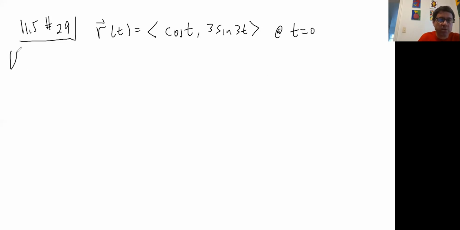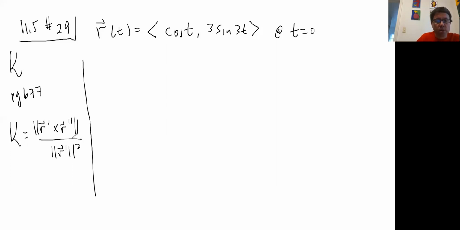And so the formulas for this kappa, page 677, there's a couple different versions depending on the form of your function here. So one of them, number 3, says the curvature is r prime cross r double prime. You take the length of that and then divide it by the length of r prime cubed.